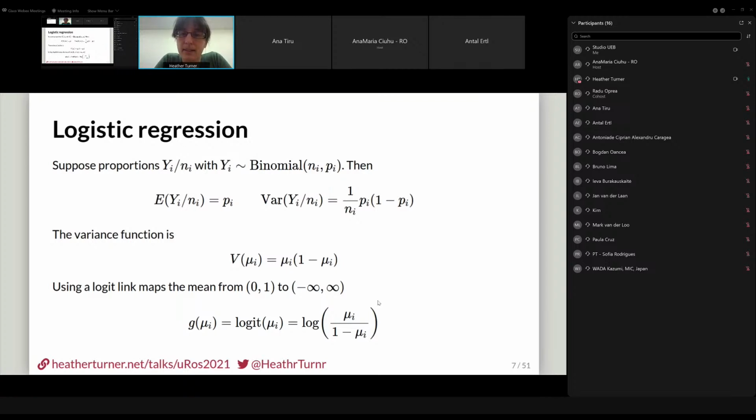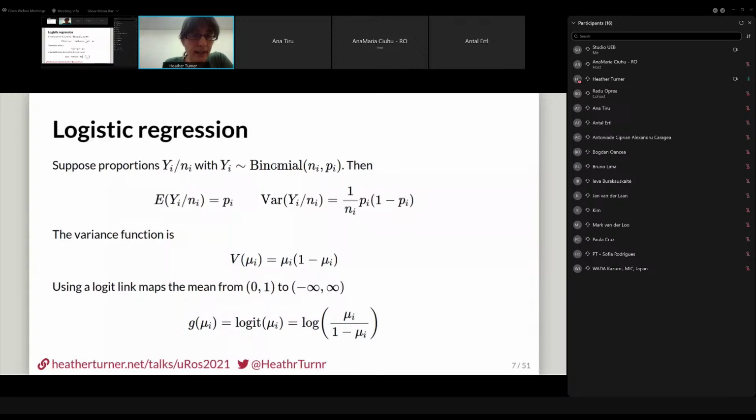And since the probability of the event happening is the expectation, that gives us our variance function in terms of mu. So our 1 over ni is a constant, so the part that specifies the dependence on mu is mu multiplied by 1 minus mu.